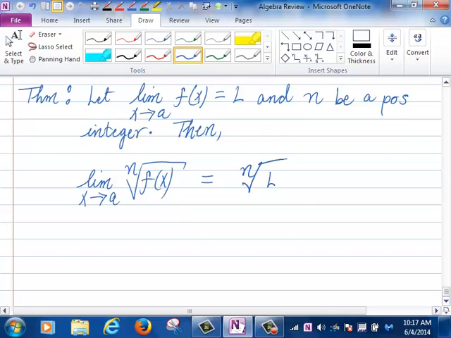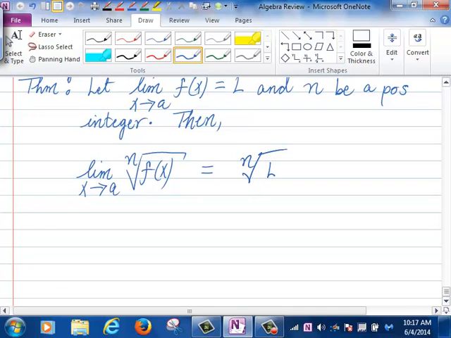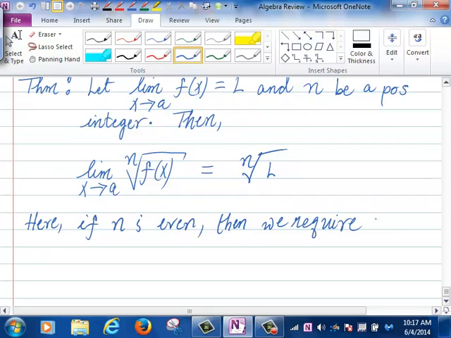If L is a negative limit, then you cannot take the even root of that. So if n is even, then we require L to be non-negative. Okay.